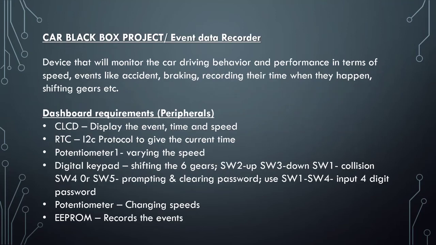The last part was to design the embedded system itself. For our event, we had to design a car black box project, which is also known as the event data recorder.